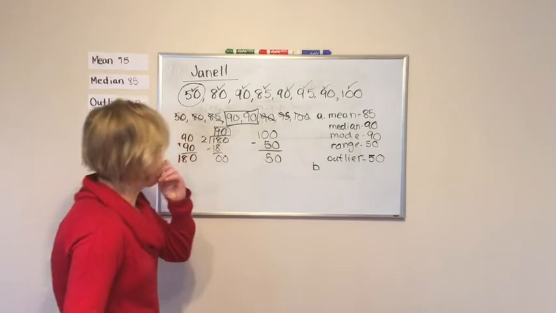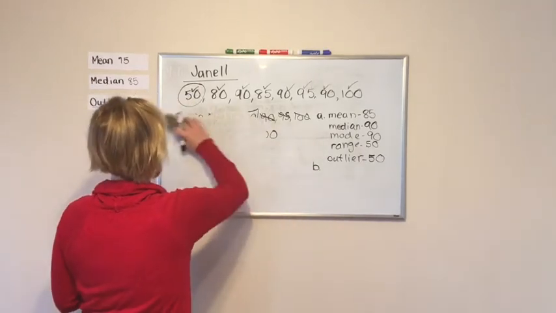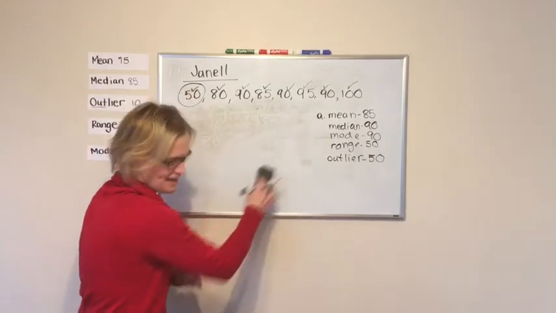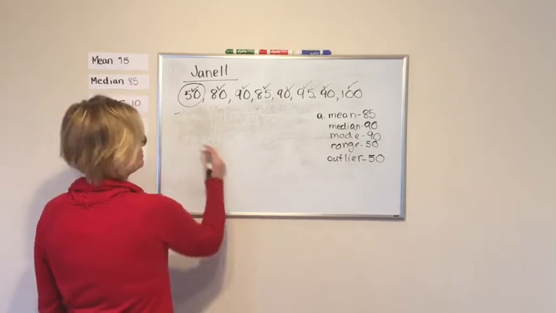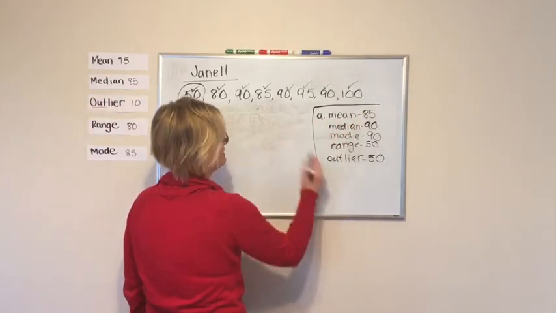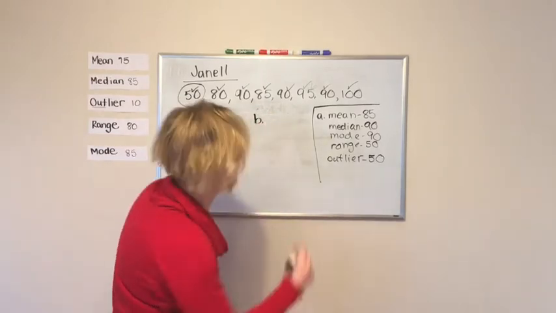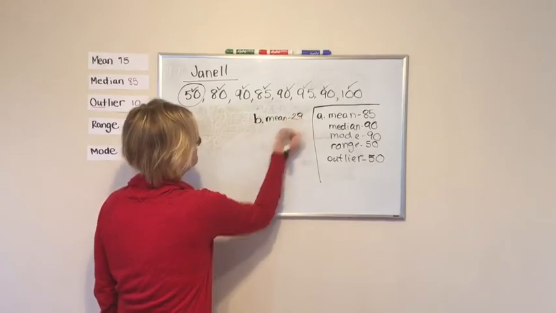Okay, all right, so you just got done working on letter B. If you did this correctly, so remember we have A here, we're going to take a look at letter B. Your mean should have been 29.